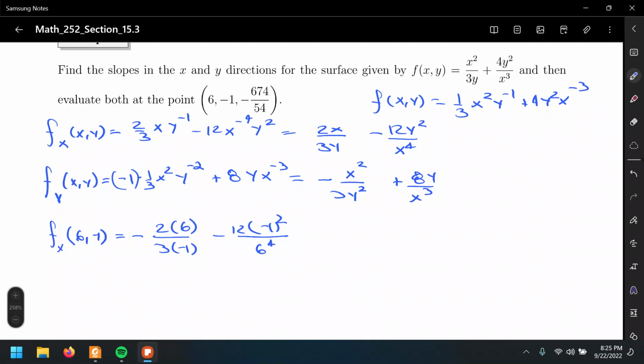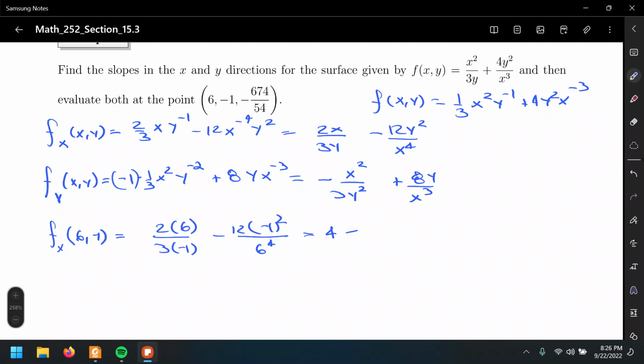That's going to be a big number. All right, so that's going to be 2 times 6, which is 12, over 3. Is that a negative? Oh, wait a minute, that's not negative. No, I was looking at both functions at the same time. So that's 4. And then minus, okay, 6 to the 4, that's 36.